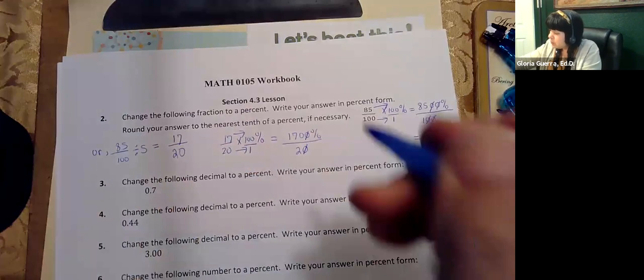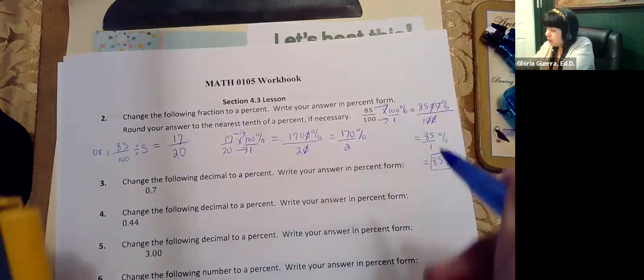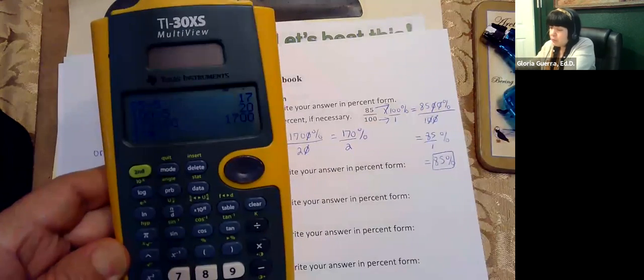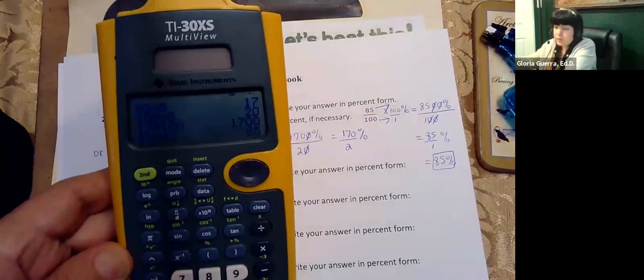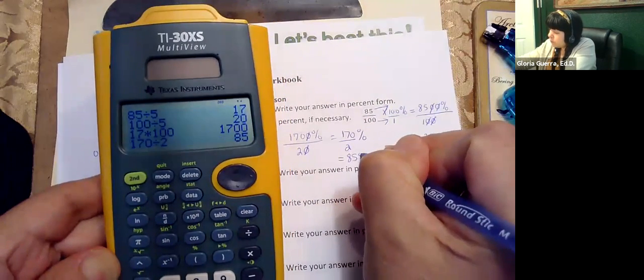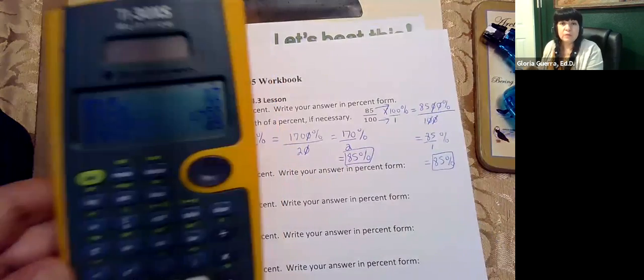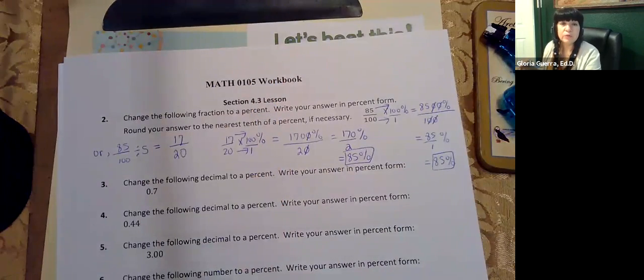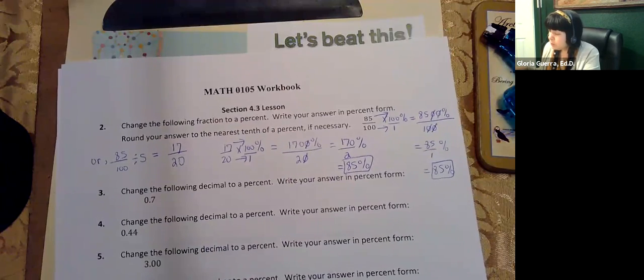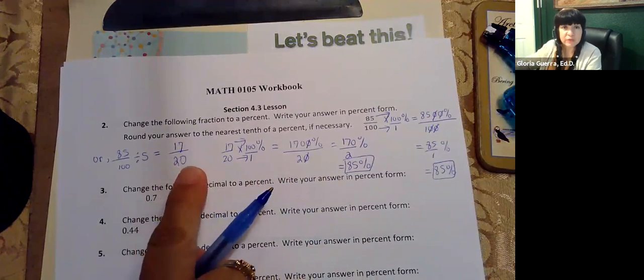That gives you 170 over 2%. And then 170 divided by 2 is 85. Okay, so that's another way to do that. Reduce it, multiply by 100.